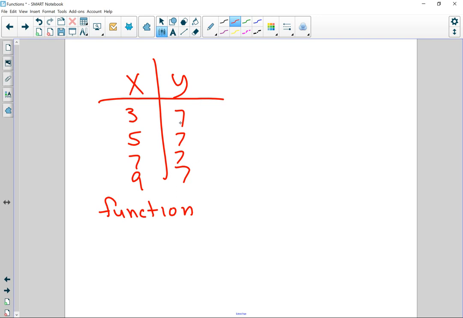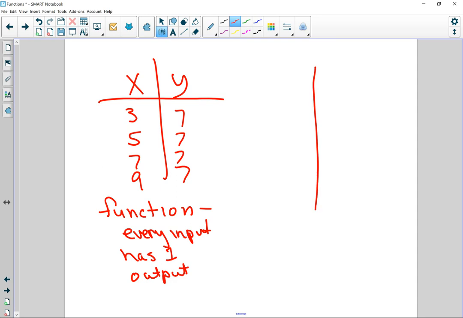We only care how many partners x has. X is allowed one partner, and each of these x values only has one partner. Every input has one output.